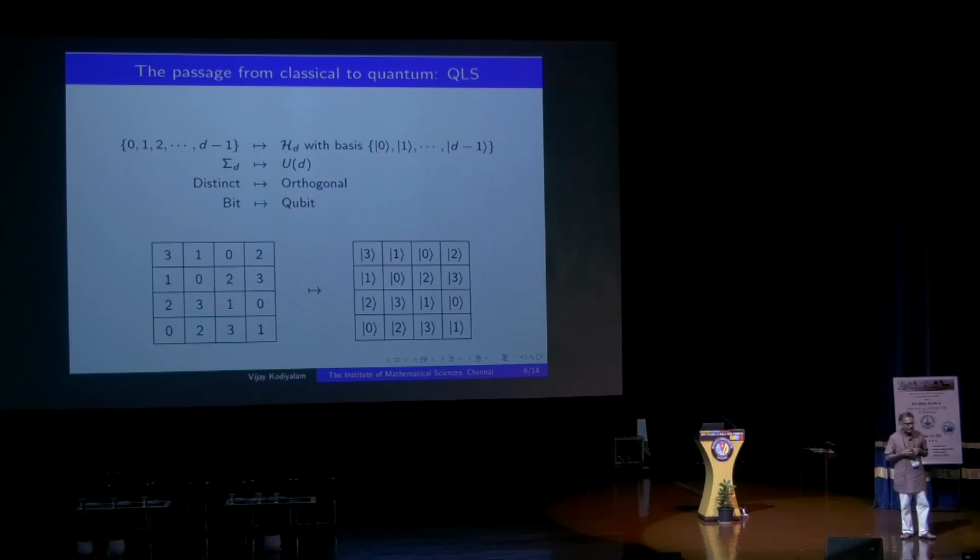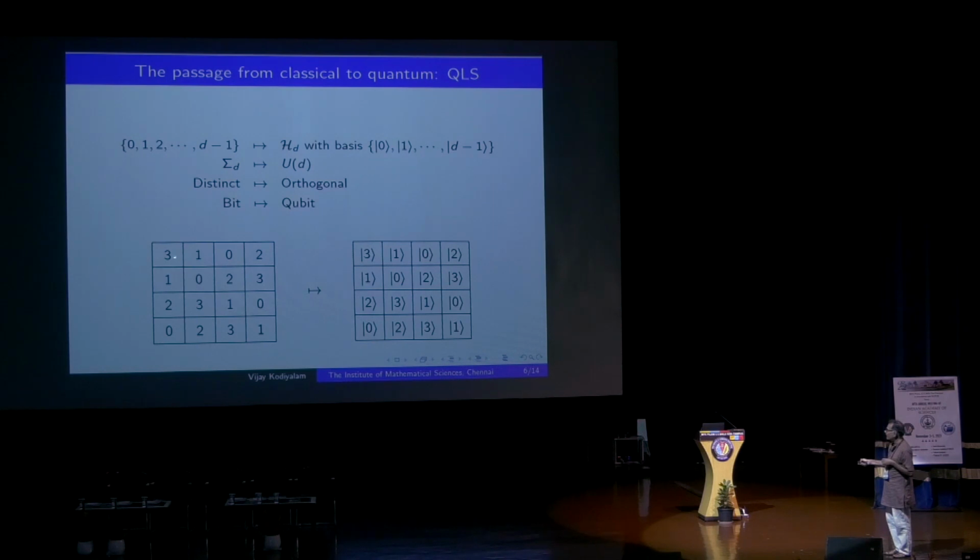So what would we mean by a quantum Latin square, QLS? That is that QLS in the title over there. What is meant by a quantum Latin square? A quantum Latin square is a square, and every element of that square is a vector. It's a unit vector, and the rows should be orthogonal and the columns should also be orthogonal.